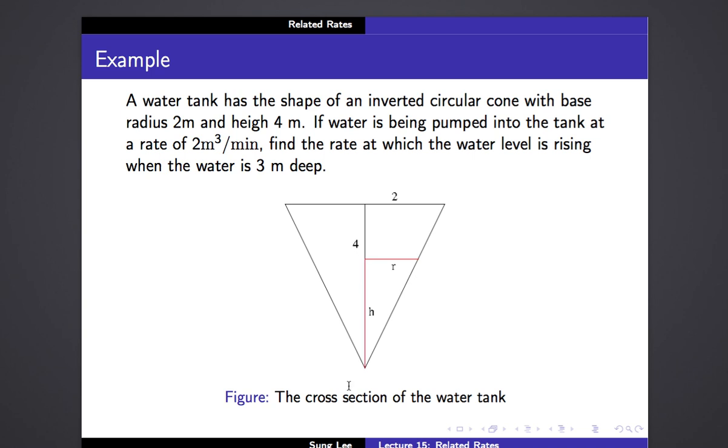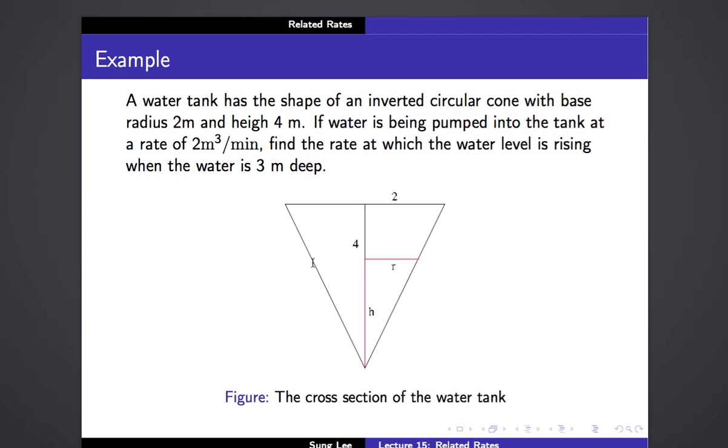So these are similar triangles, right? That's an important thing to know. Why is that important? Because the volume of water in this case is going to be the same as when the actual depth of water is h, right?